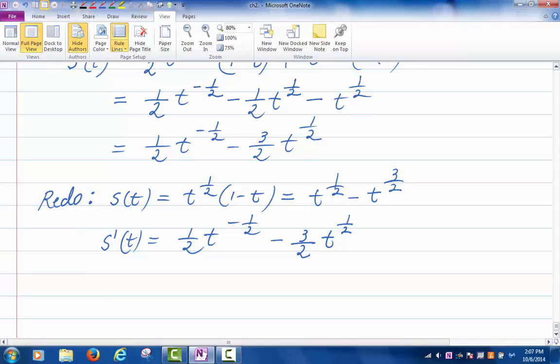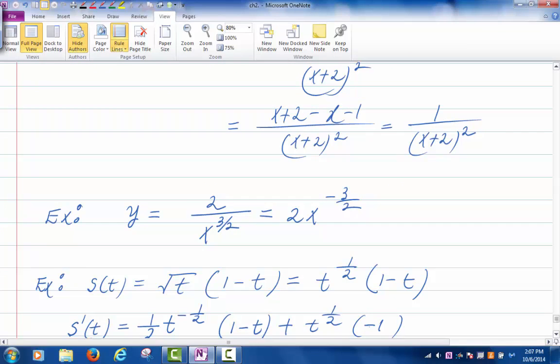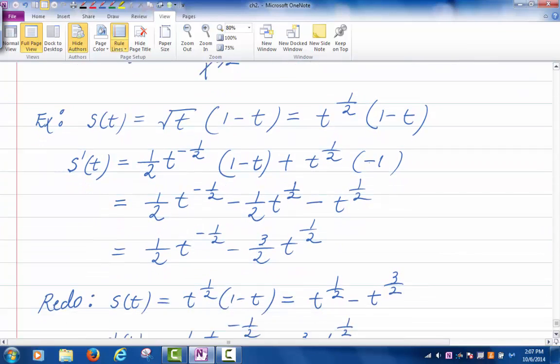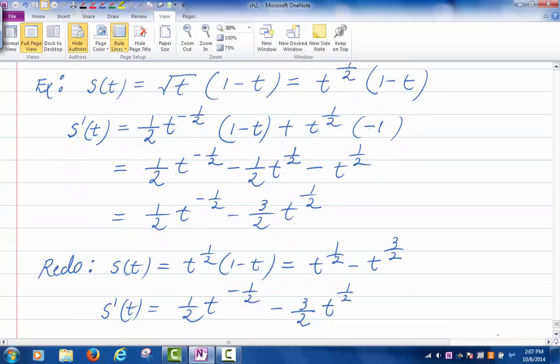The answer came out much simpler than when I applied the product rule, right? So the point is, sometimes before you take the derivative, if you can easily multiply out and write everything as powers of t or x and apply the power rule, your answer will be much simpler right away than when you apply the product rule.